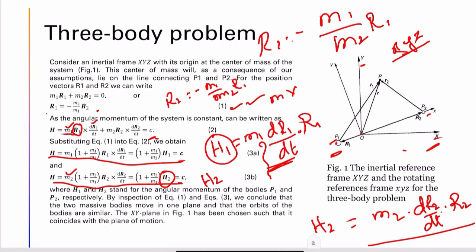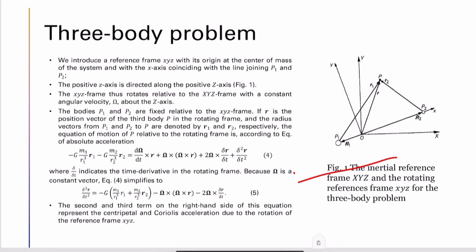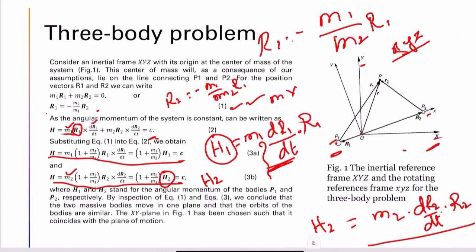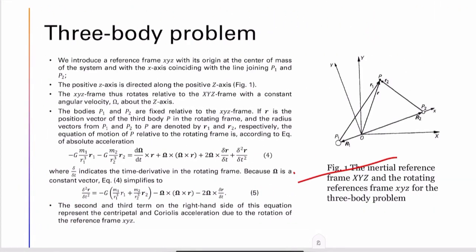And now we are finding the momentum for the objects P1 and P2. Also, using the equation of absolute acceleration, we have written the expression for the acceleration of the position vector of the point P in the rotating frame, from the absolute acceleration equation.